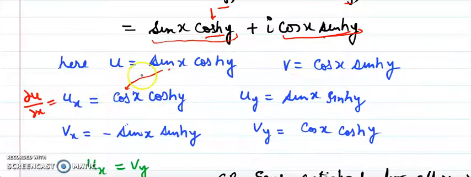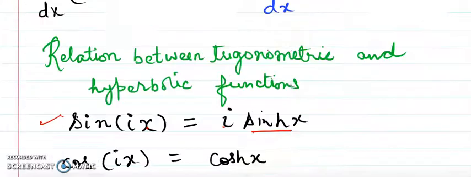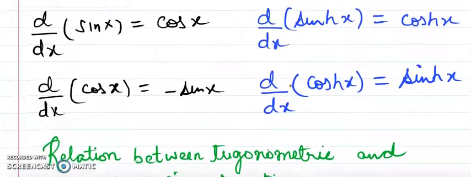Next I differentiate the same function with respect to y. Here y is present, so when you are differentiating with respect to y, cosh y becomes sinh y, and we get sin x sinh y. Now remember one more point, I want to interrupt and share that important result.